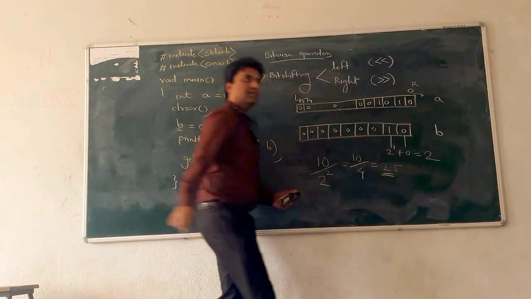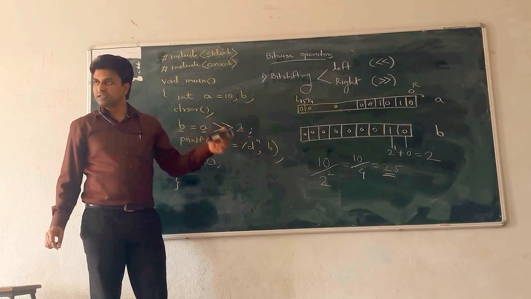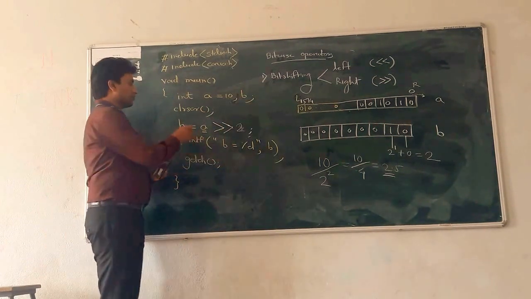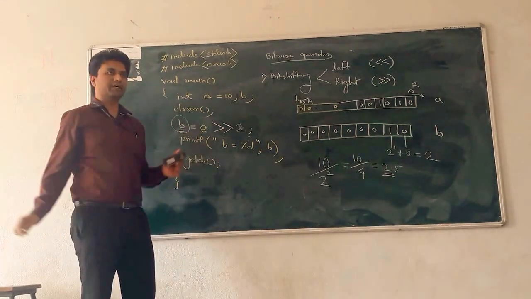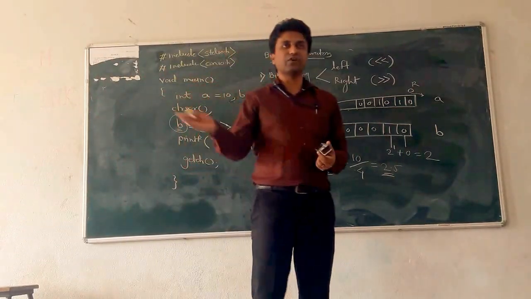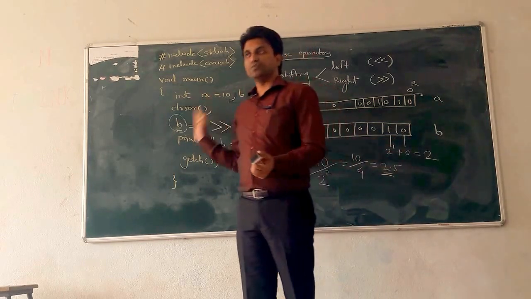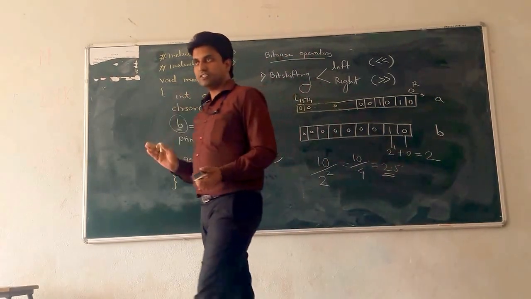But only consider the integer number, because we want to store it in an integer. B is which type? Integer. So don't consider the floating point value, only the integer part. So it is 2. What is the conclusion?